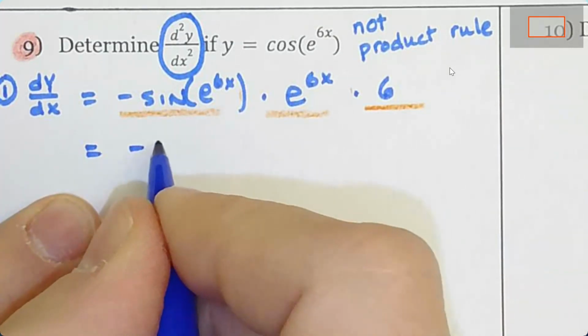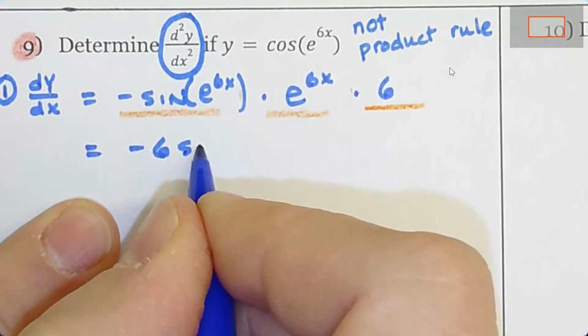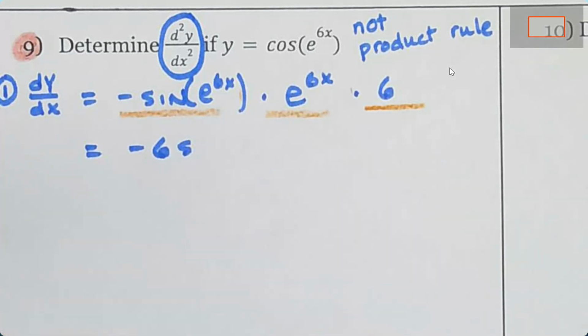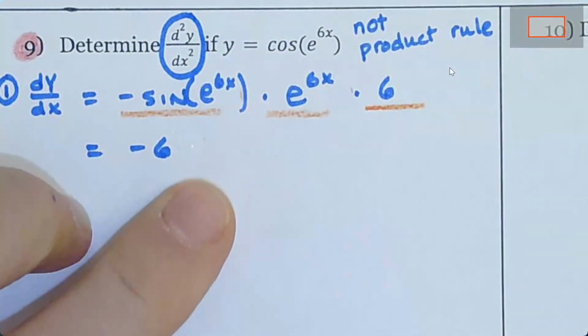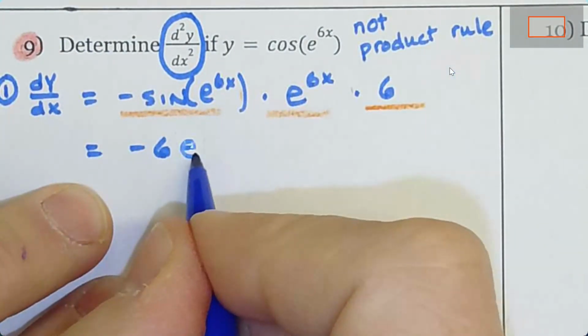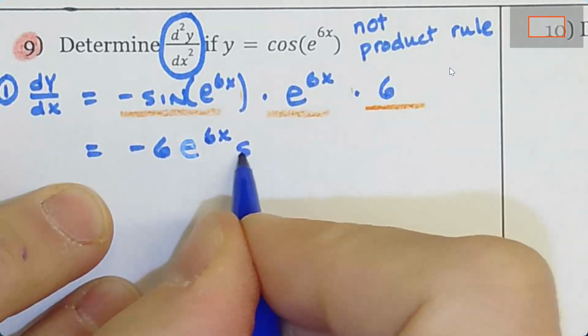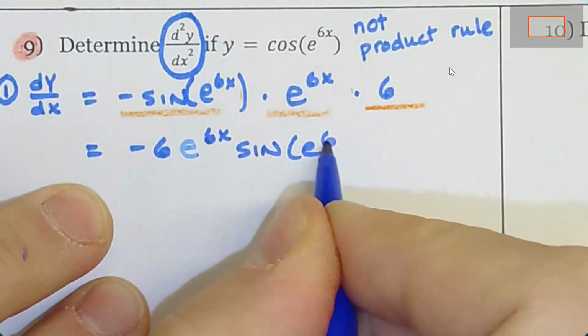So the first derivative is negative 6. Actually, let me delete that. I want you guys to put the e to the 6x first, sine of e to the 6x.